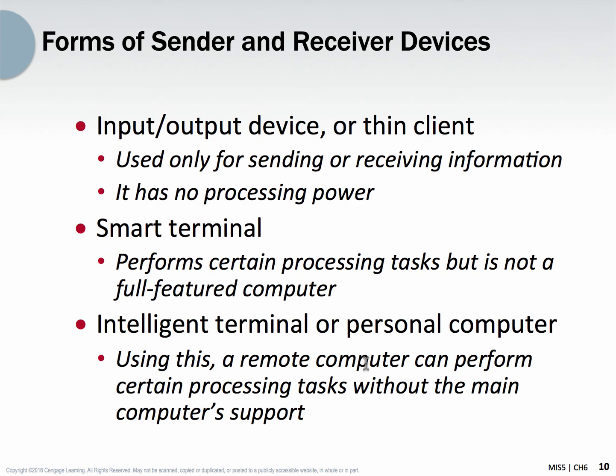Whereas the intelligent terminal is just you and that. You by yourself. You can walk with or without a car. You can go places, or you can go there quicker with a car. So it's all in where the bulk of the intelligence is. With smart terminals, the intelligence is remote. With an intelligent terminal or personal computer, the intelligence is a part of the computer.